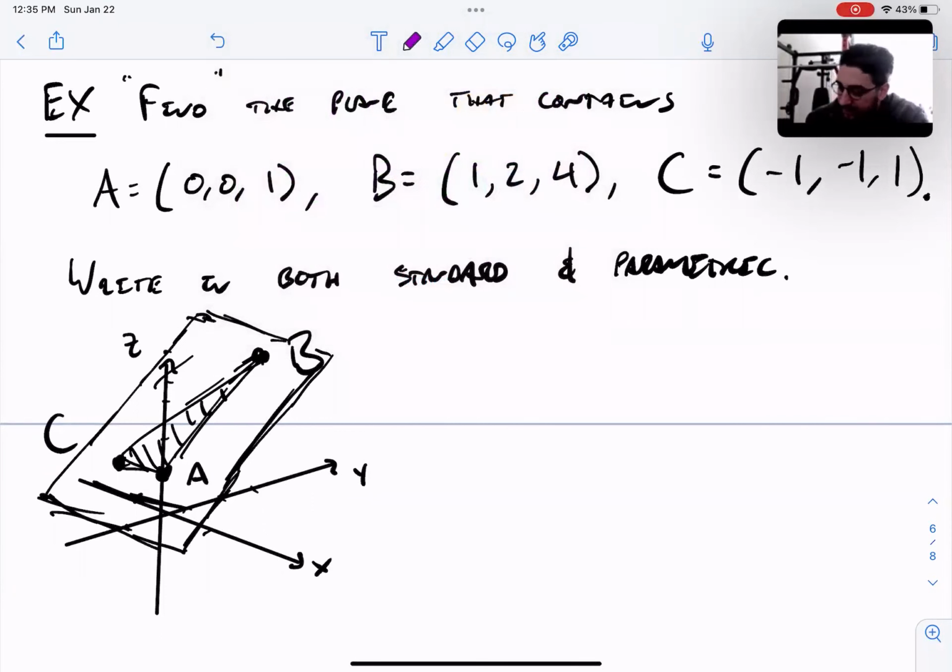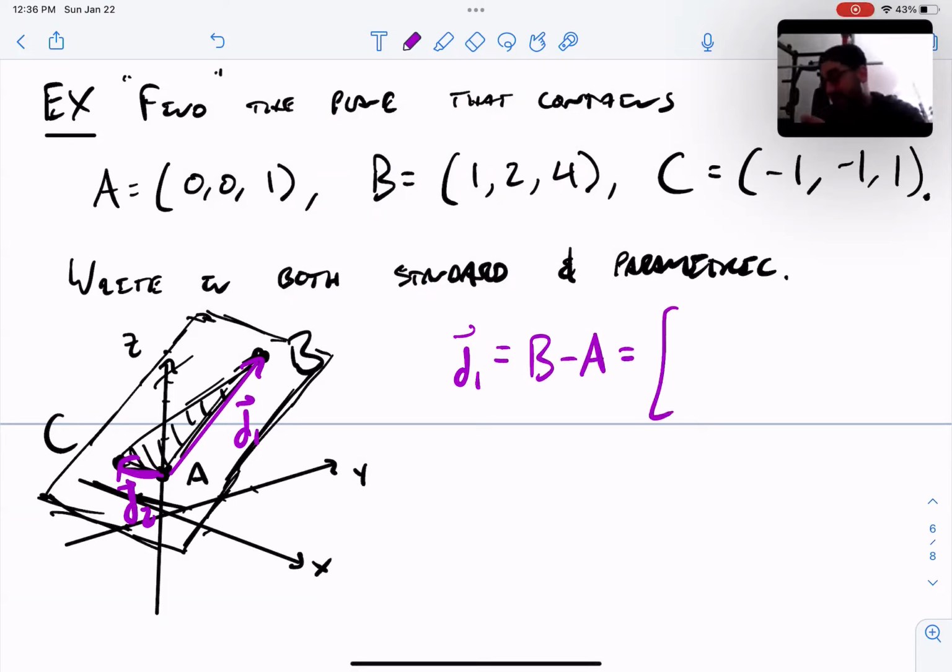I would start with the parametric form, because when you're given 3 points like this, you're almost handed for free your direction vectors. Let D1 be the difference of 2 points on our plane. Just take B minus A to get D1.